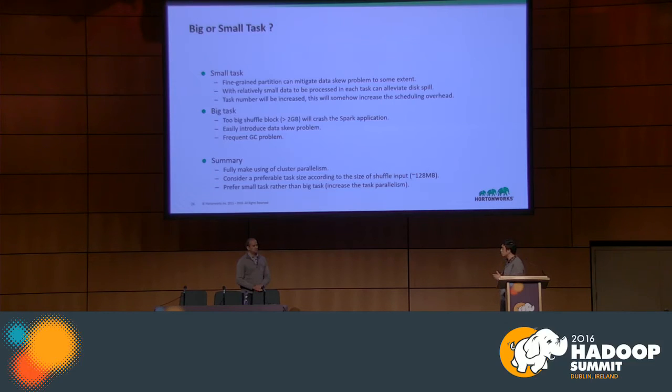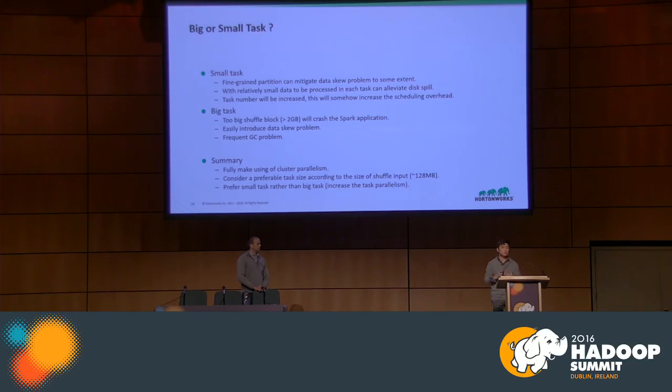First is that too big shuffle blocks, actually too big partitions, will crash the Spark application, because Spark assumes that each partition should be less than 2 GB in size. And also, this will easily introduce the data skew problem and GC problems, because now each task has to process more data. So in summary, how to choose the task parallelism?